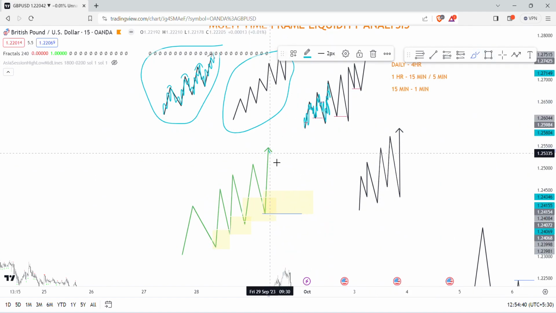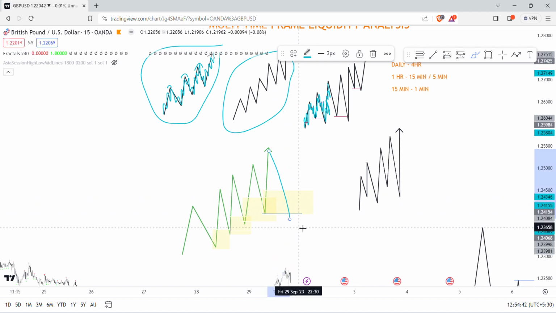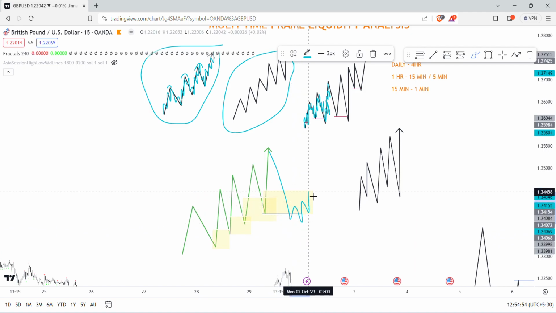So the market makers simply take the money, because stop losses mean sell orders, right? Now the market makers have the liquidity to project the price upwards, towards this direction.